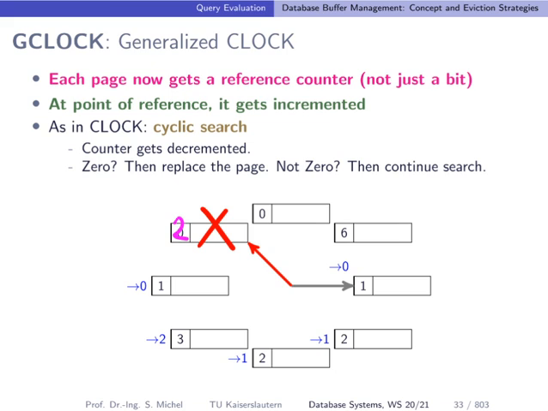For instance, we can increment it by 4, so then we have 4 plus 2 is 6. So the counter will not be incremented by 1 as in the normal clock, but we can have different configurations that allow us to be flexible, and depending on the workload we could find a G clock which is performing best.